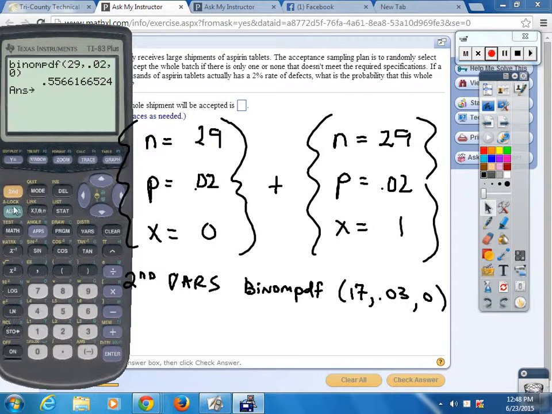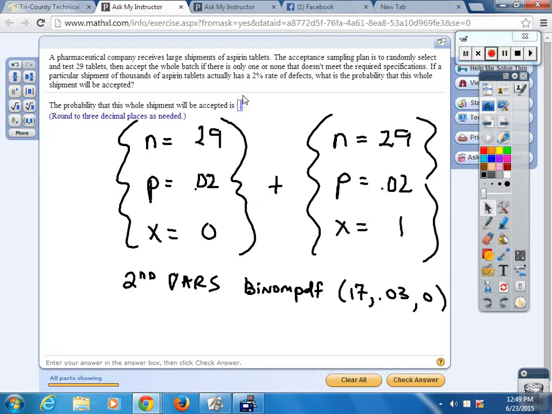Store, alpha, F, enter. Second entry, and change that to 1. Store, alpha, S, clear. And now alpha F plus alpha S. I got 0.8860. So we type that in, and we feel good about ourselves.